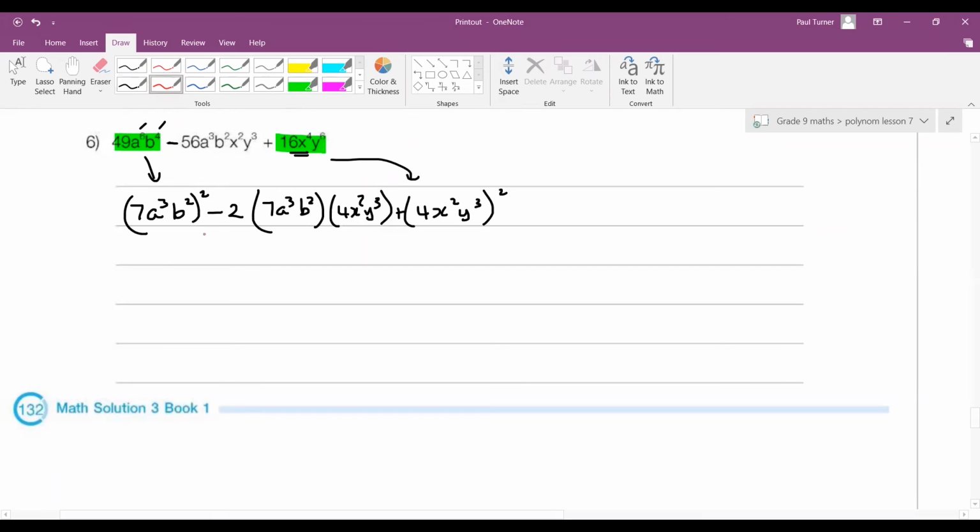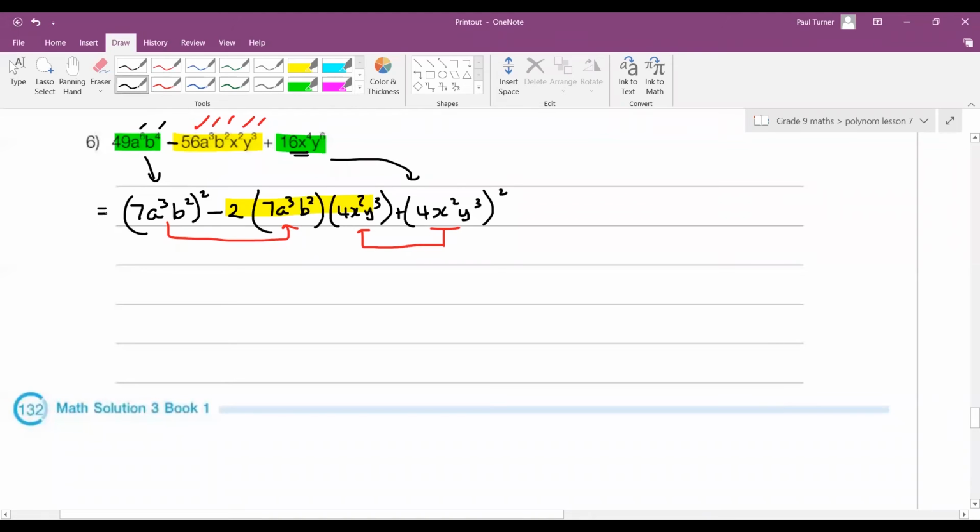Just remember that this one is written here, and this one is written here. So check your middle term here. 2 4s are 8, 7 8s are 56. That's correct. a3b2 is here, x2y3 is here. So everything's okay.